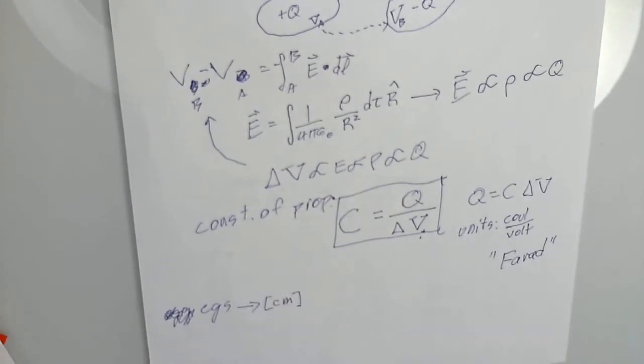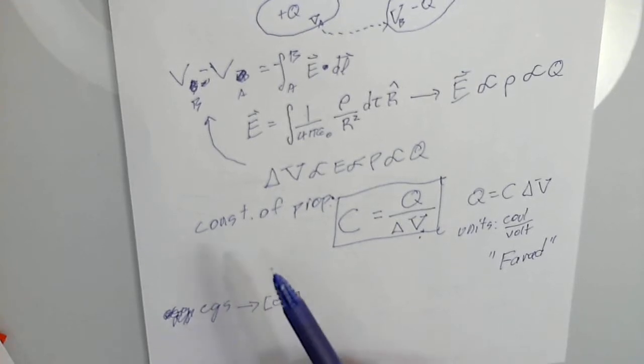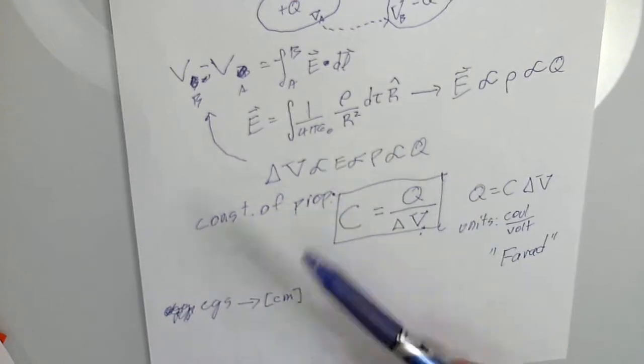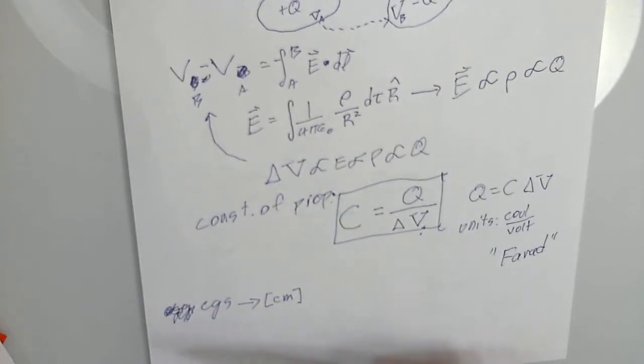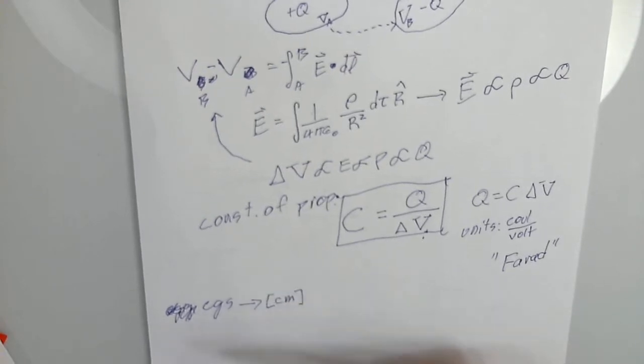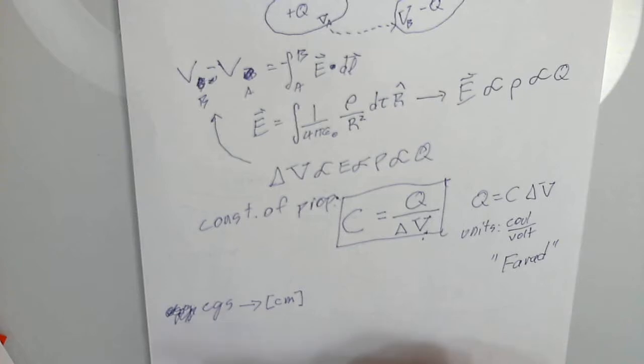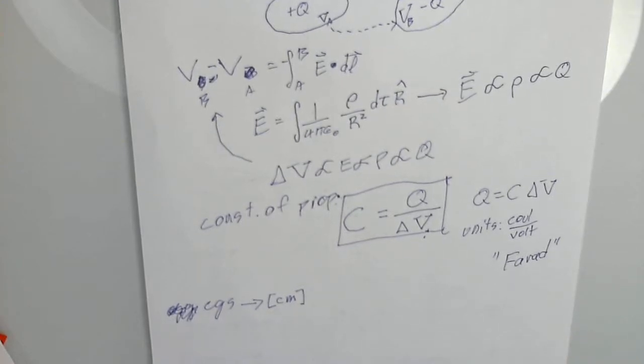That's it. It's just a unit of length, which kind of makes sense since I said that the capacitance depends only on the physical geometry and the distances between the capacitors and their shapes and sizes, and not on anything having to do with their detailed electrical properties. So that's kind of an aside.